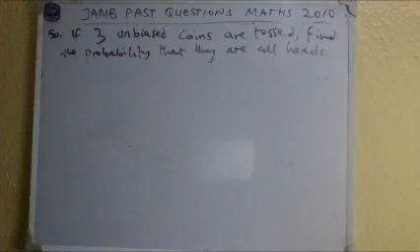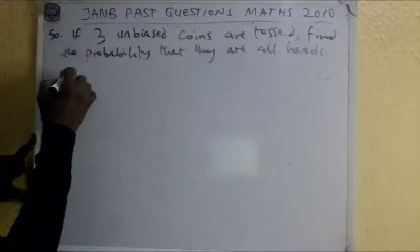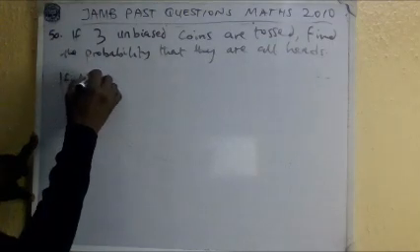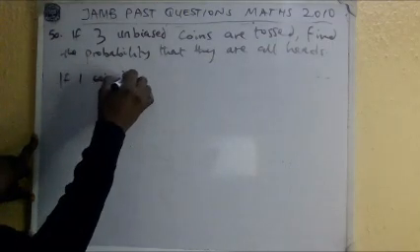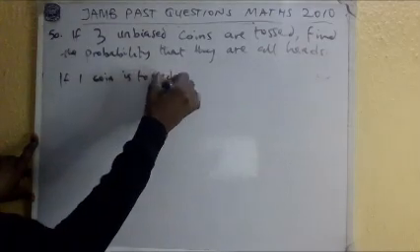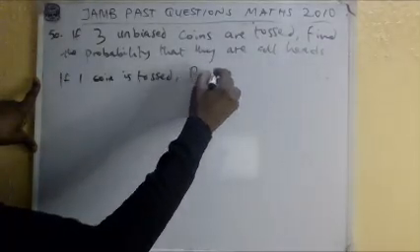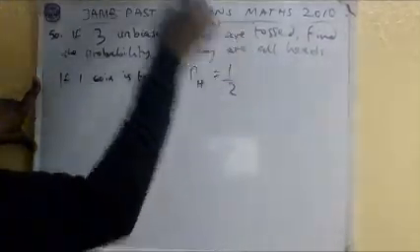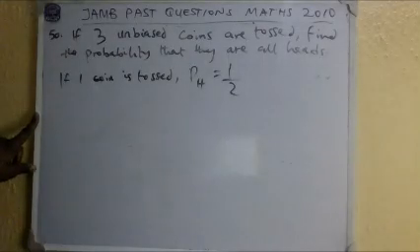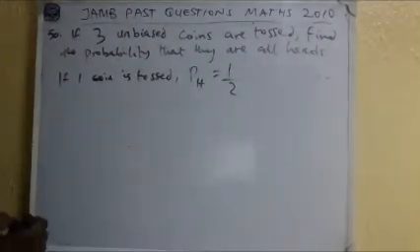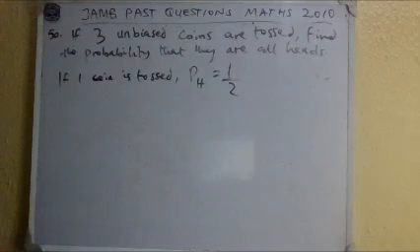Now, if one unbiased coin is tossed and you want to get head, the probability of head is 1/2. Why? Because head is only one side. You only have one head side, and the possible outcome is 2. So imagine that you are now tossing 3 unbiased coins.